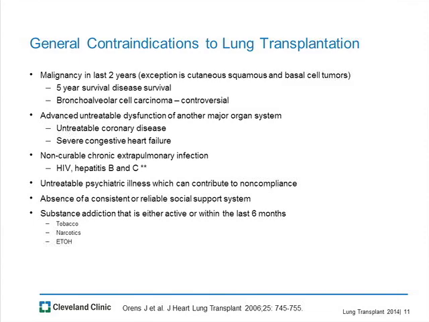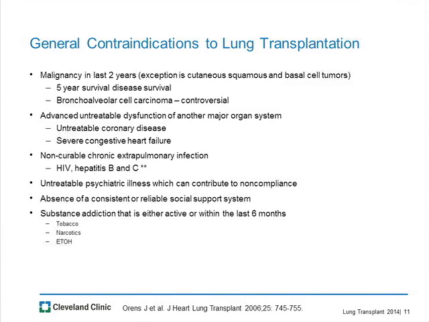Other general contraindications to lung transplantation include malignancy in the last 2 years. The exception to this is cutaneous squamous and basal cell tumors. There needs to be a 5-year disease-free survival before patients present with other malignancies such as breast cancer and other malignancies. There is a lot of controversy surrounding transplantation for a specific type of lung cancer, bronchoalveolar cell cancer.